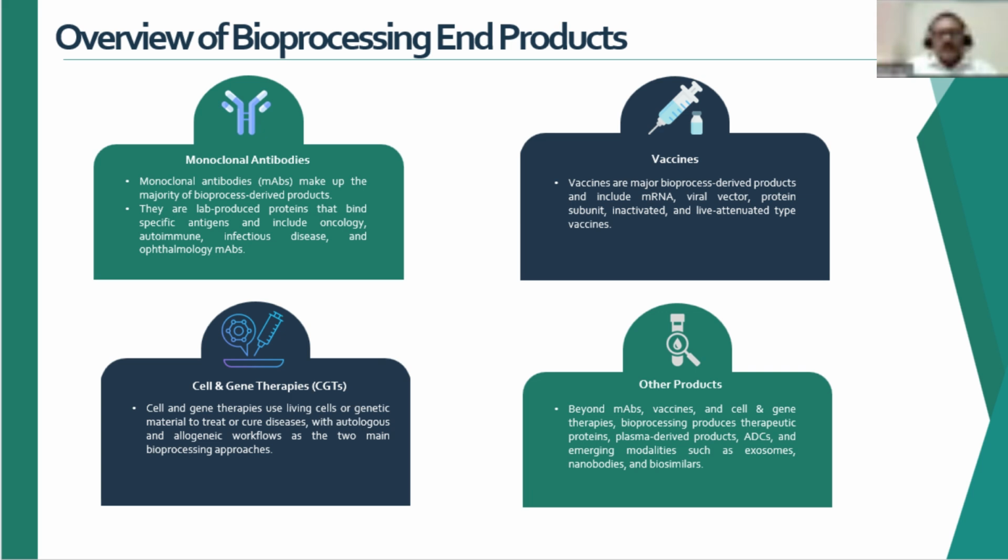In terms of the end products, as already discussed, monoclonal antibodies constitute the majority of the biologicals, followed by vaccines, cell and gene therapies, and other recombinant proteins, protein based modalities, or hormones which also create demand for these bioprocessing technologies.